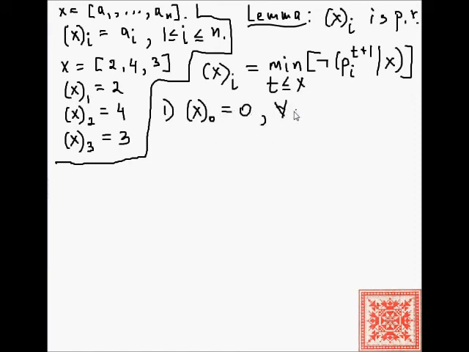The 0th element of any Gődel number is defined to be 0, and any component of 0 is defined to be 0 for all i's.